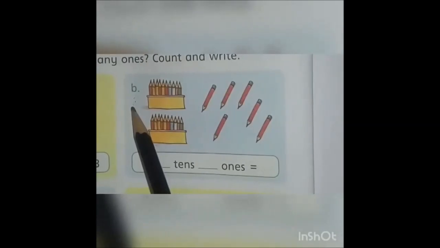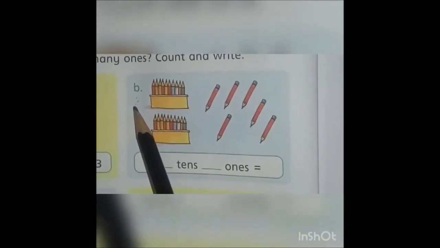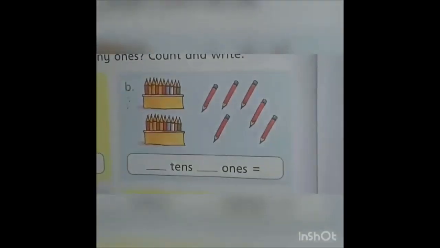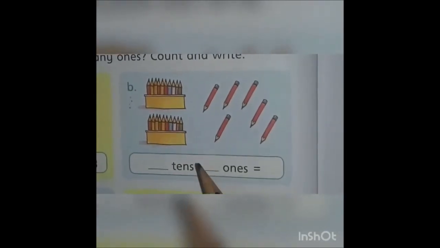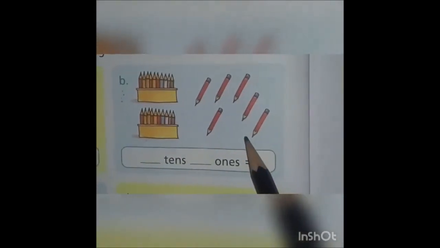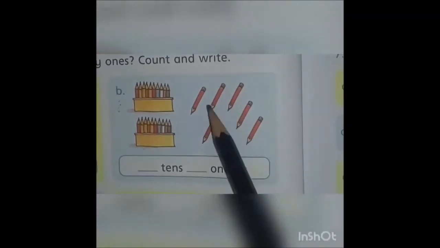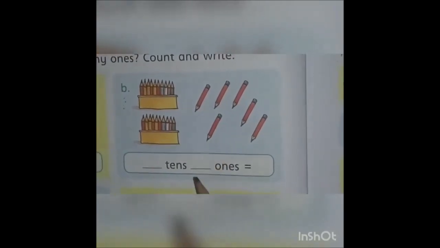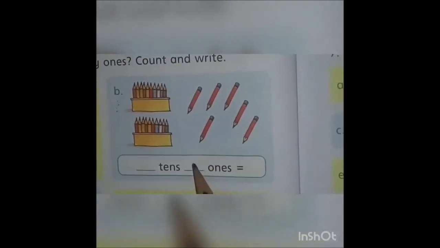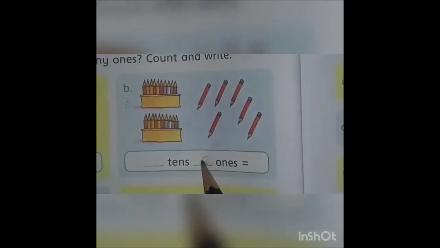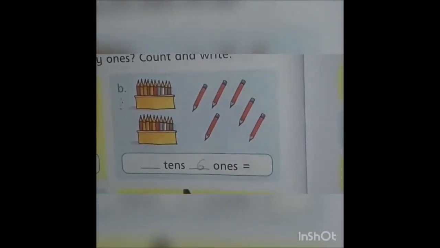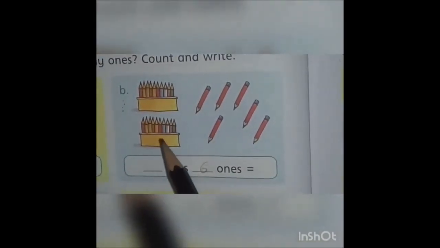Now children, we will start part B. First, we will count single pencils. 1, 2, 3, 4, 5, 6. We will write 6 in the blank of ones. Now we start to count the box of tens. How many boxes are there?